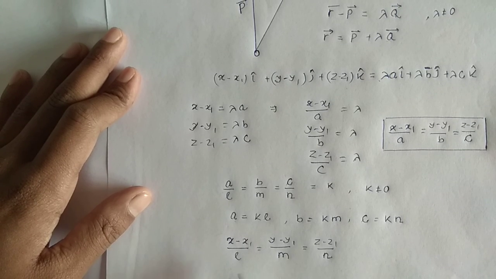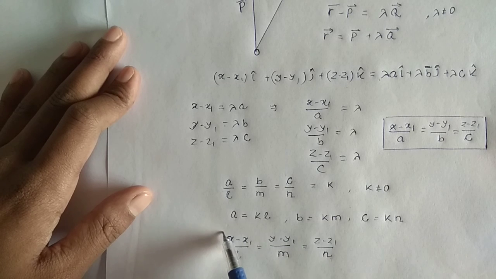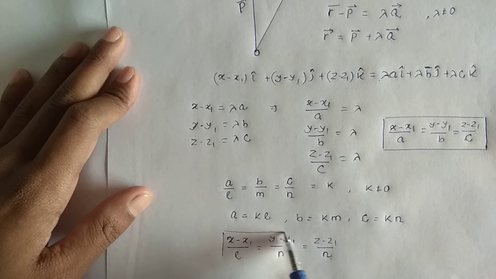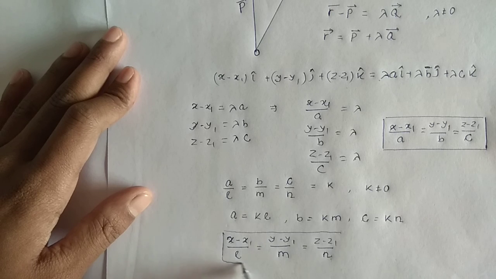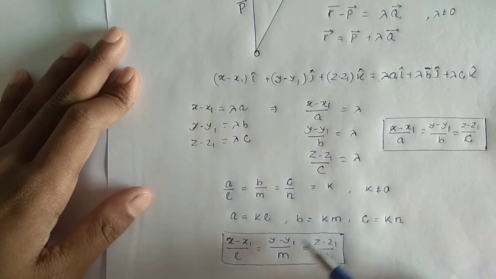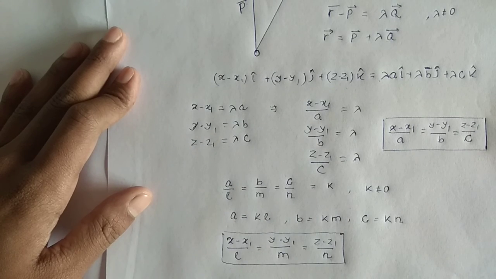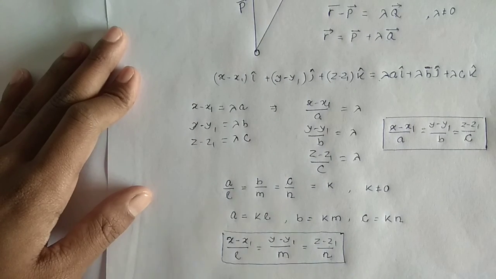Here l, m, n are the direction cosines. This is another form, also called a Cartesian equation, where l, m, n are direction cosines, but earlier they were direction ratios. All are equivalent representations, and these are the equations of a straight line.